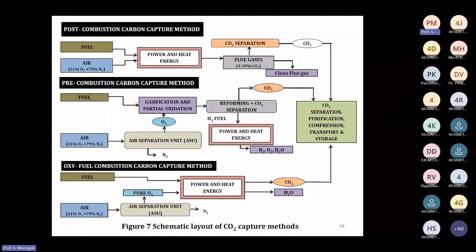The first one, post combustion carbon capture, is easier because it can be integrated after the heat engine. It may be a power plant or a diesel generator, whatever it may be; at the exhaust after the engine, you can keep this post combustion carbon capture unit.